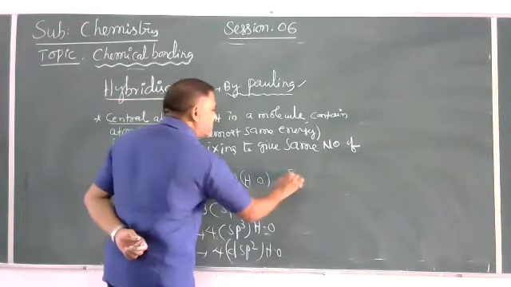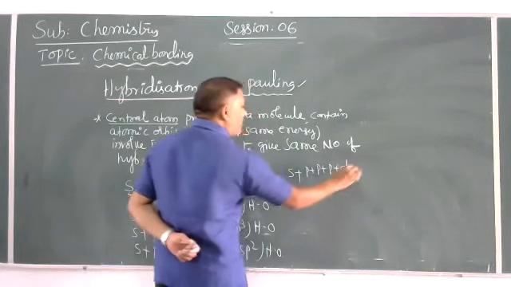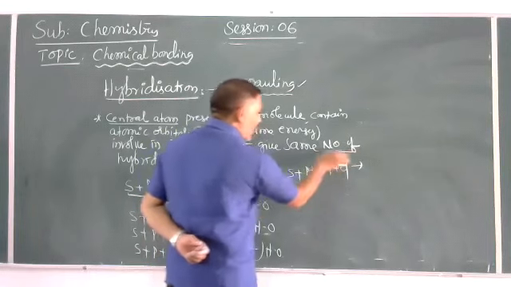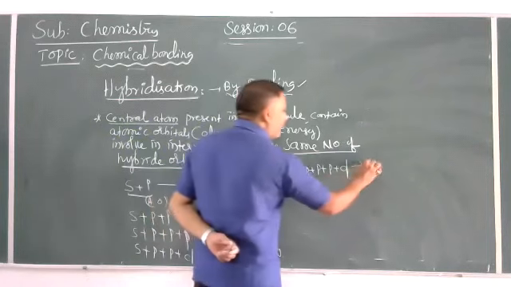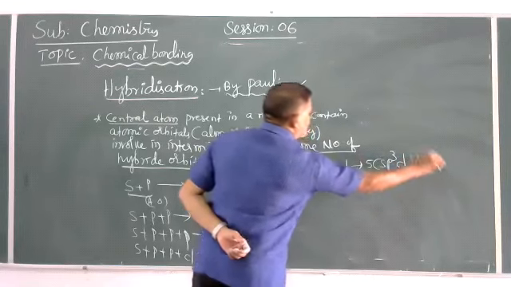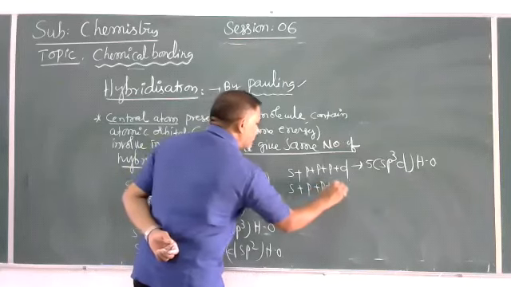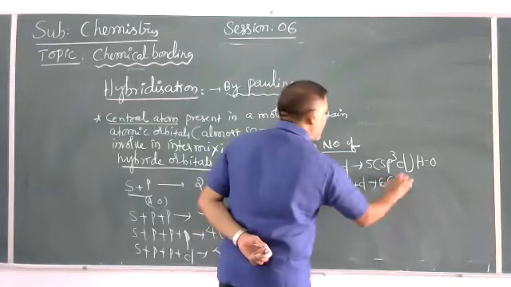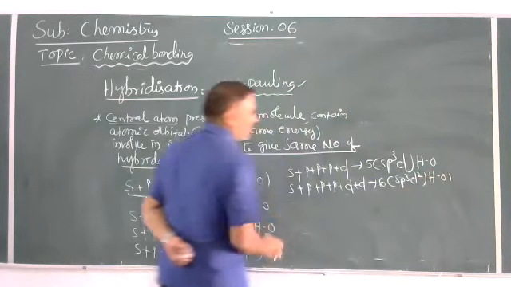If it is 1 s orbital, 3 p orbitals and 1 d orbital, how many atomic orbitals in total? 1, 2, 3, 4, 5. The same number of hybrid orbitals, so it gives 5 sp3d hybrid orbitals. If it is s, 3 p orbitals and 2 d orbitals, it gives 6 sp3d2 hybrid orbitals.